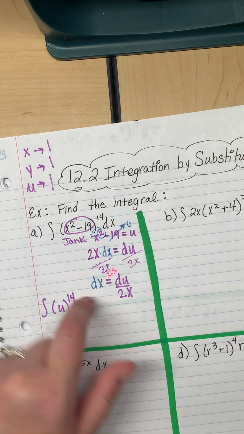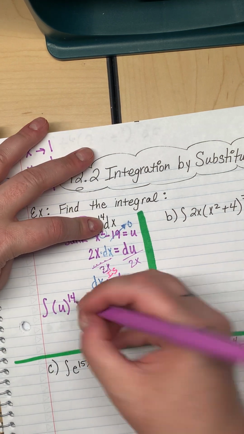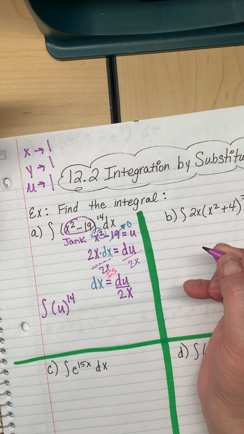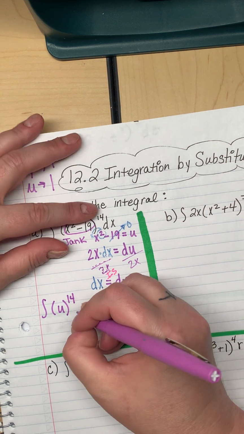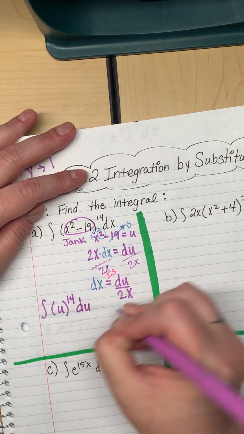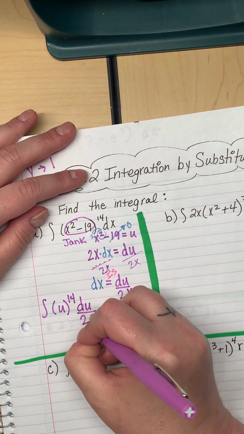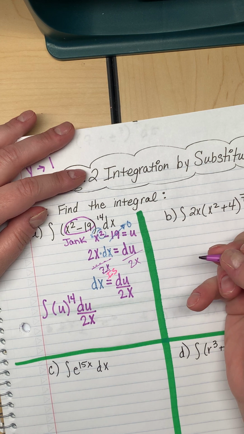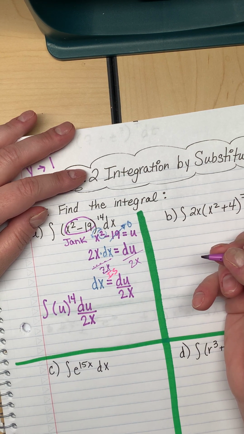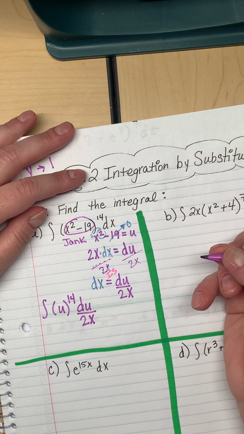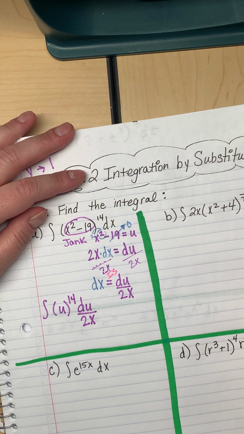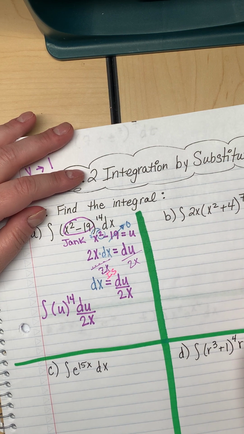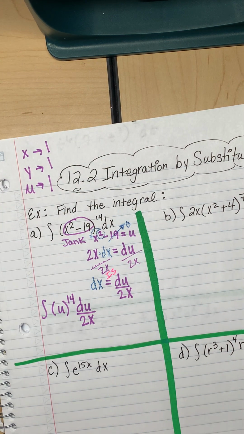So this dx is going to be replaced with du over 2x. I think I wrote this problem down wrong. Okay, yeah, I wrote this problem down wrong.